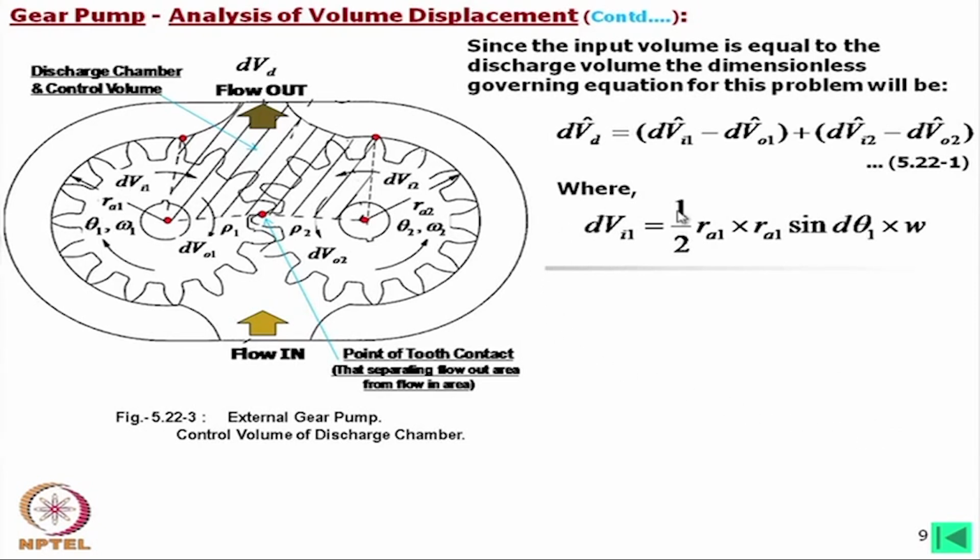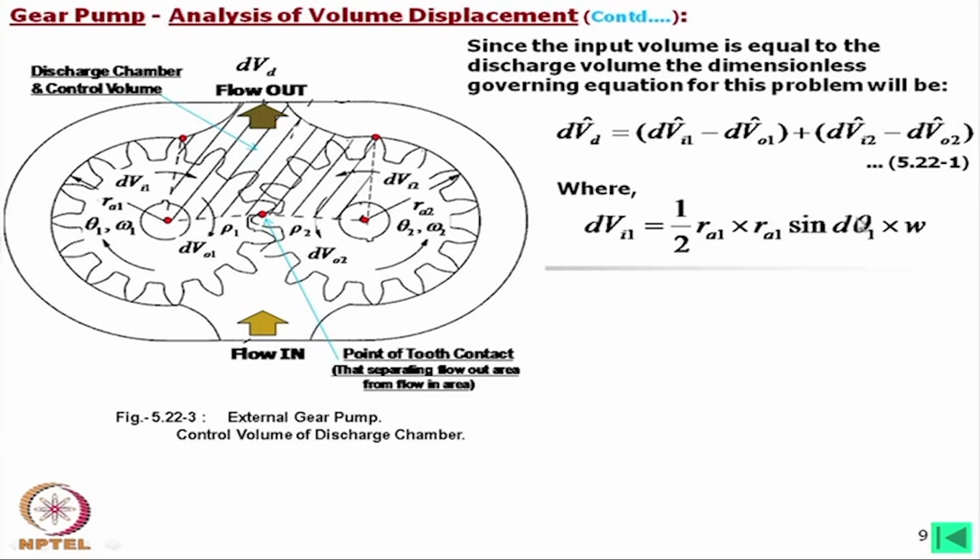Where this input we can take, if you look into this figure, half R_A1 into R_A1 sin d theta 1. The sin part of this one, d theta 1, is the volume into W, that will be the volume displacement.